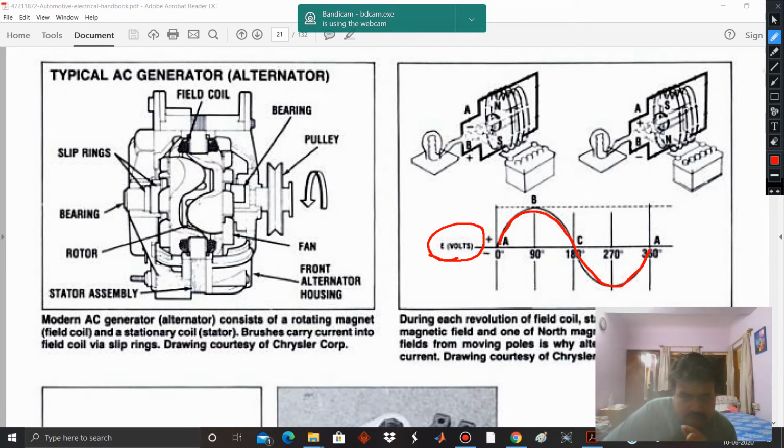From 0 degree to 180 degree, it is encountering the positive half cycle, with the maximum value of the voltage occurring at 90 degree, and the negative maxima occurring at 270 degree, that is minus E. Here it is having plus E, and the frequency is given by f, and f is equal to 1 by the time period.